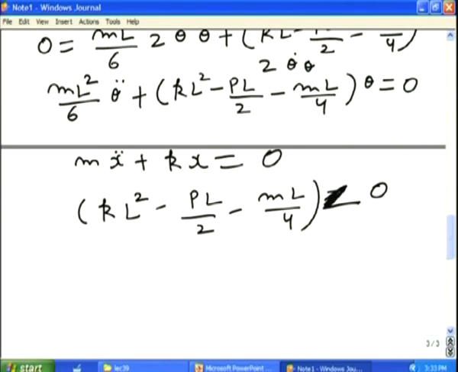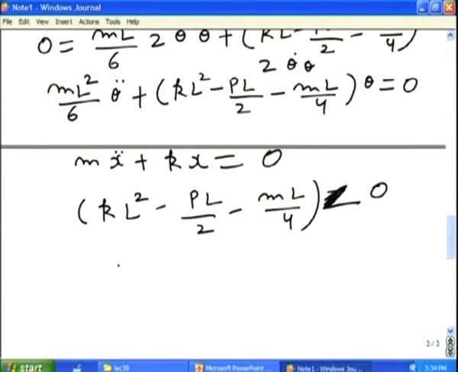Therefore, this P can be called the critical load, the load at which this will become unstable. There will not be any vibrations. If P is more than that, naturally it will have a tendency to go to the other direction.